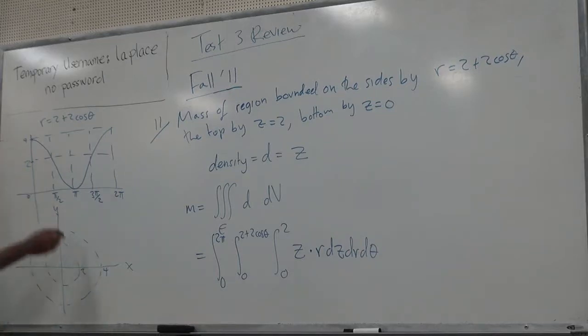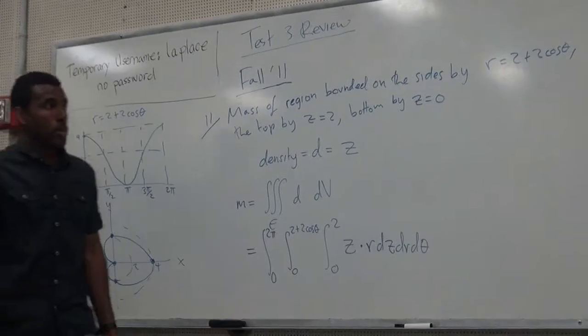When your theta equals 0, you're on the circle of radius 4. Pi over 2 brings you to the circle of radius 2, pi brings you to 0, 3 pi over 2 brings you to that circle. So it's a sideways arc. And so 0 to 2 pi covers everything.